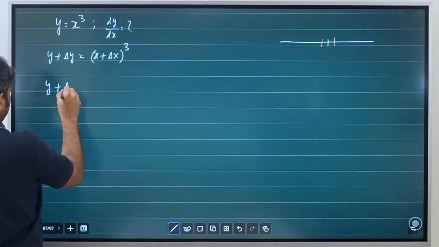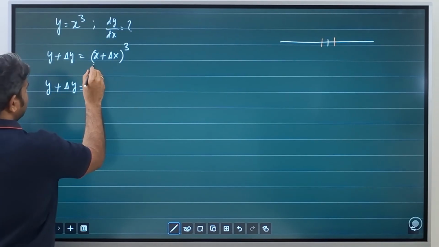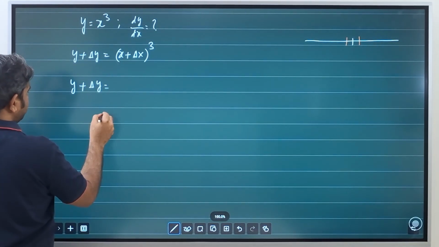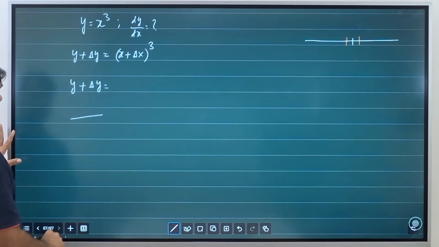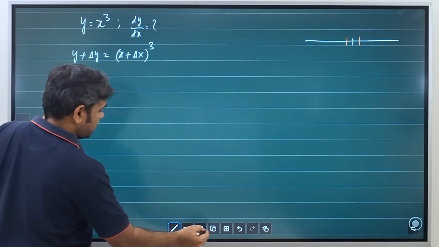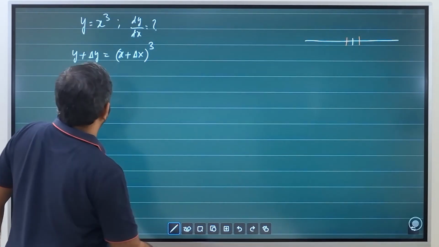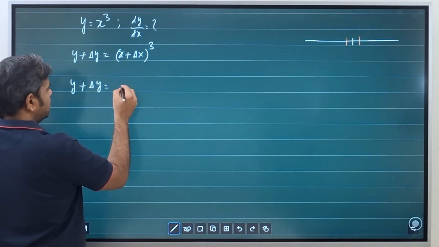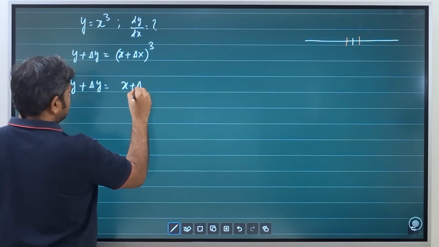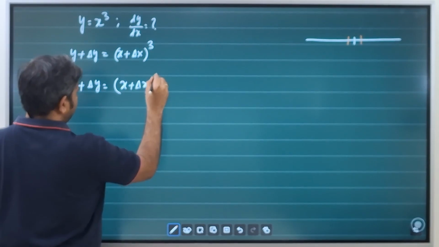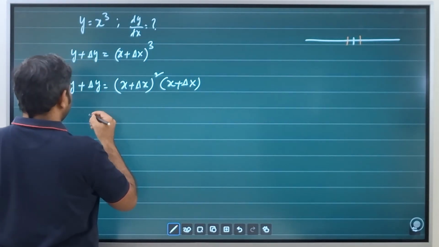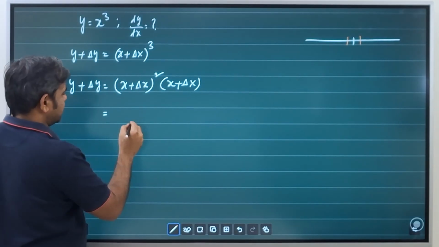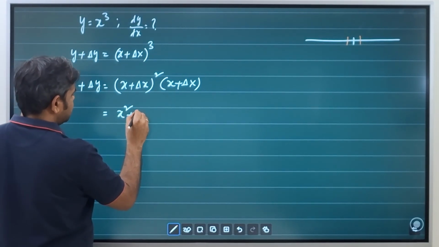If you remember the a plus b whole cube formula, you can use it. Or else, I don't remember, so what I'm going to do is write x plus delta x whole square into x plus delta x. Then I'll do the multiplication and expand this term.